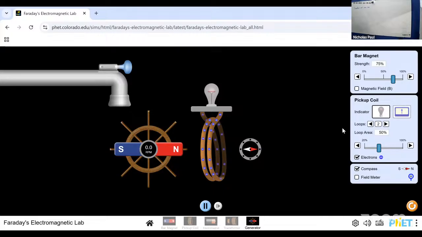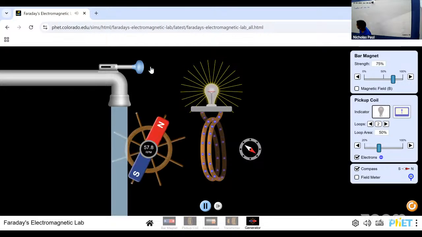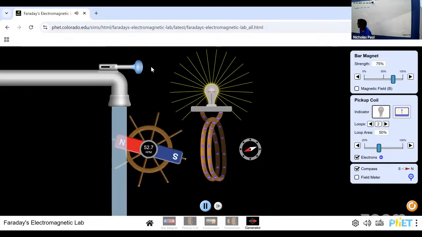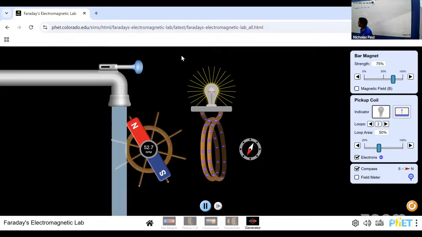The field lines are moving, so it's going to produce a current. Watch it here. One minute. And water. See that? So that's a simple generator.